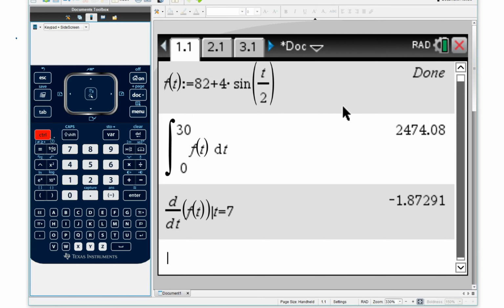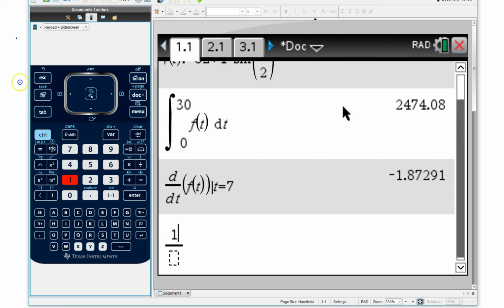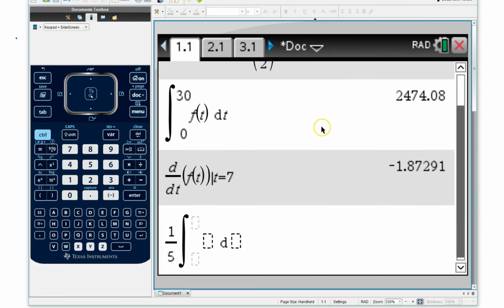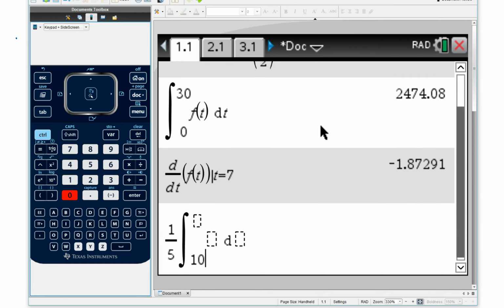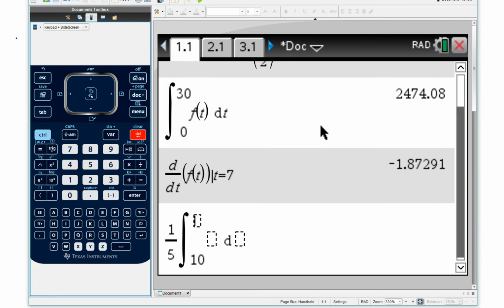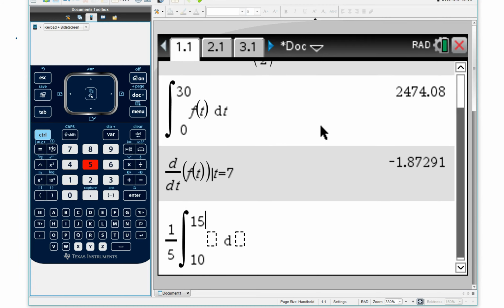So it's going to be 1/5 of the numerical integral from 10 to 15 of f of t dt.